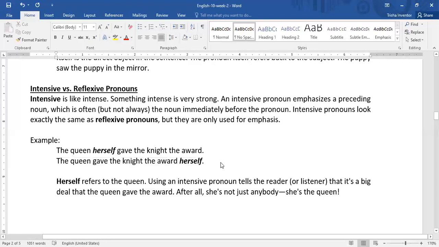Okay. Now, intensive pronouns look exactly the same as reflexive pronouns.